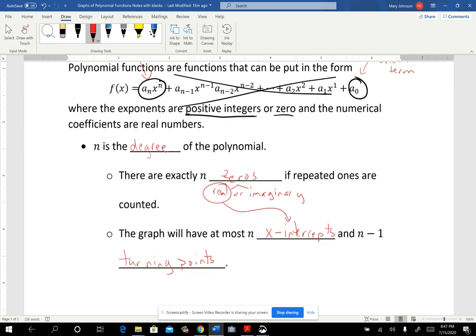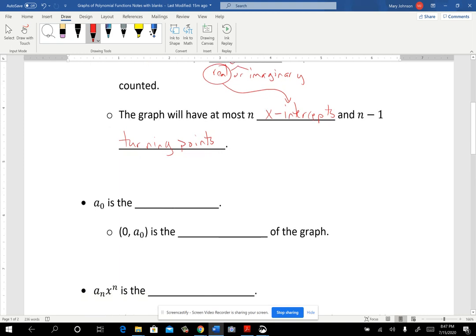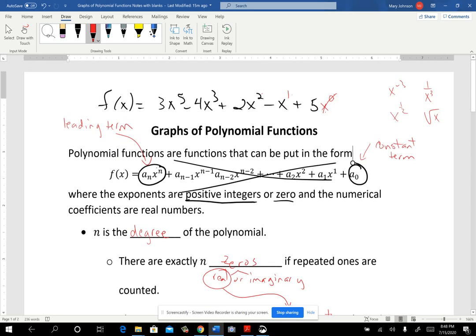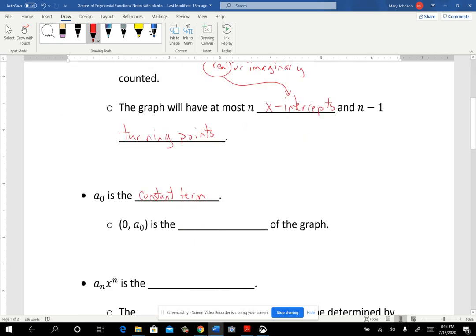Okay? All right, now a sub 0, or sometimes a naught, they call it, is the constant term, or just the constant. If you go back and look, it's the only term that doesn't have an x on it. So if you plug 0 in for all of the x's, all of those terms with x's in them would be gone, and all you'd have left is the a sub naught.